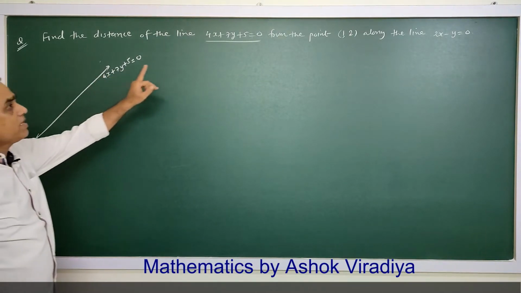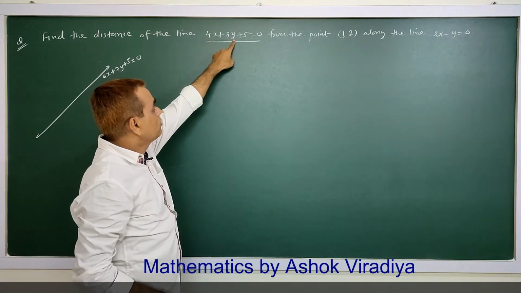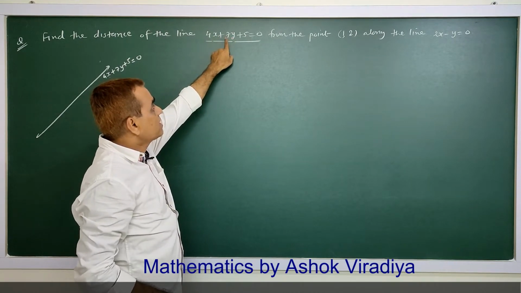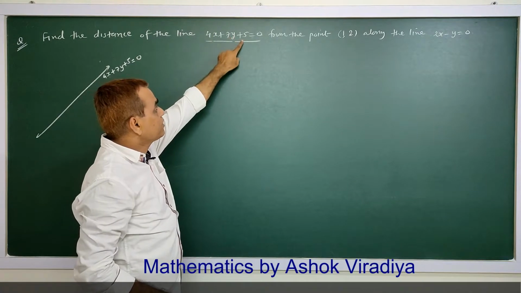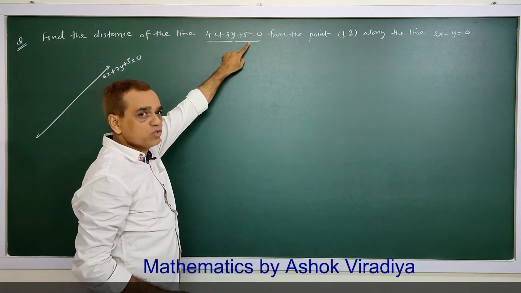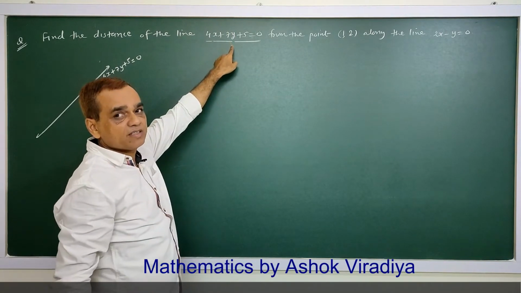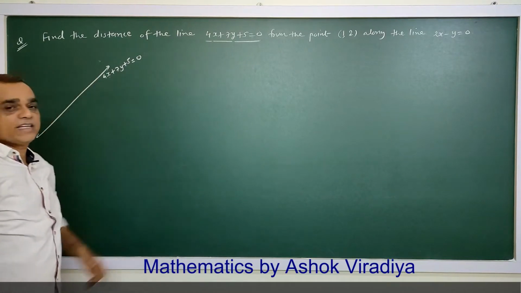because if you keep here coordinates of this point 1, 2, putting here 1, 4 into 1 is 4 plus 7 into 2, 14. 4 plus 14 plus 5 is not equal to 0. This equation is not satisfied. So this point does not lie on this line.